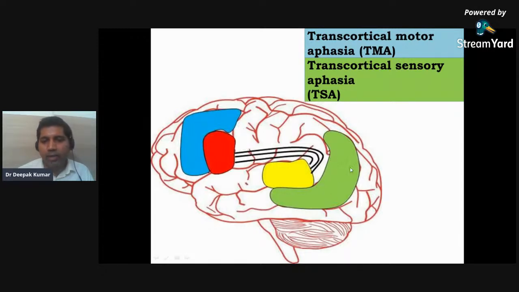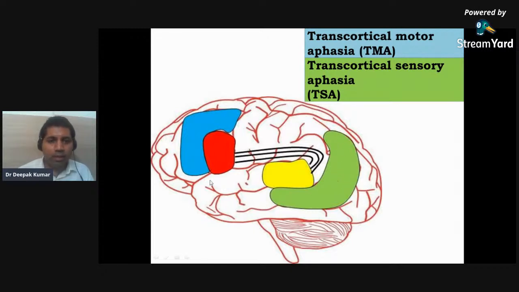And if the area behind the Vernix area, in the parietal and occipital lobe, is damaged, the patient gets transcortical sensory aphasia. So: motor aphasia, transcortical motor aphasia, conduction aphasia, sensory aphasia, transcortical sensory aphasia.